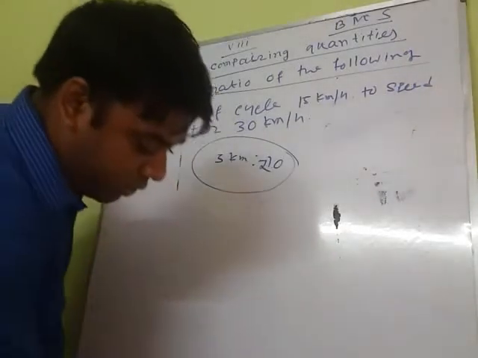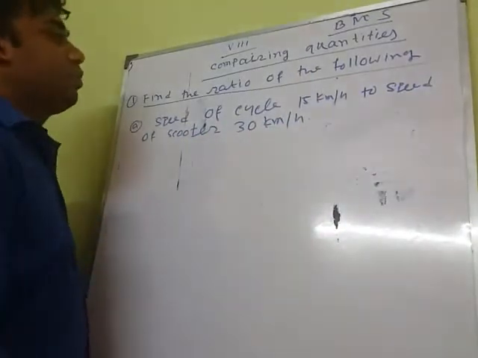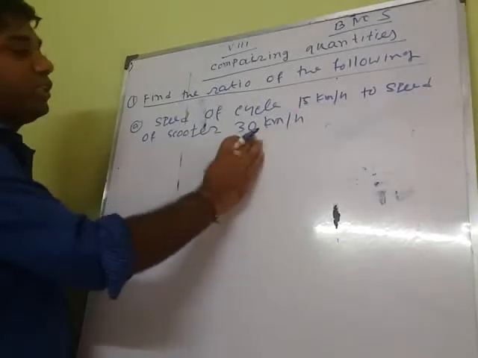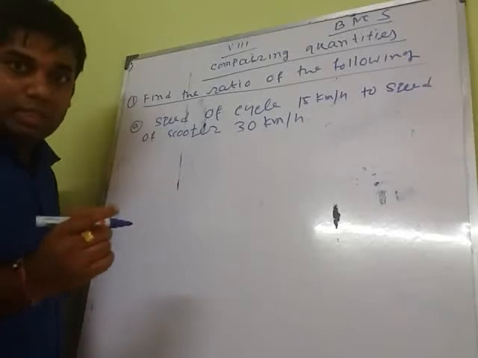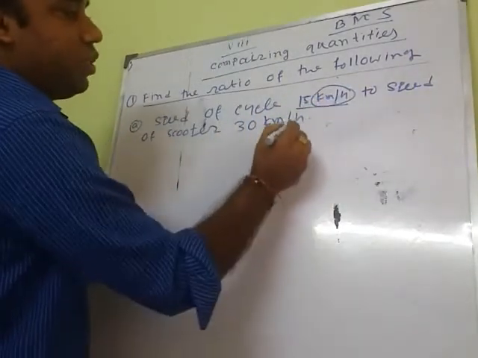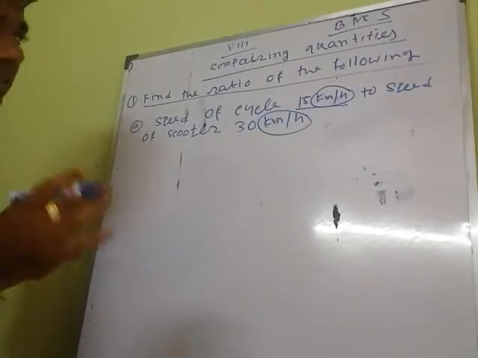Okay, the first question: the speed of a cycle is 15 kilometer per hour and the speed of a scooter is 30 kilometer per hour. In this first sum, the quantities are speeds, 15 kilometer per hour and also kilometer per hour, so here the units are the same.